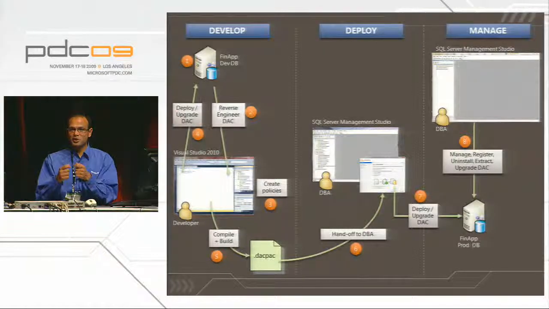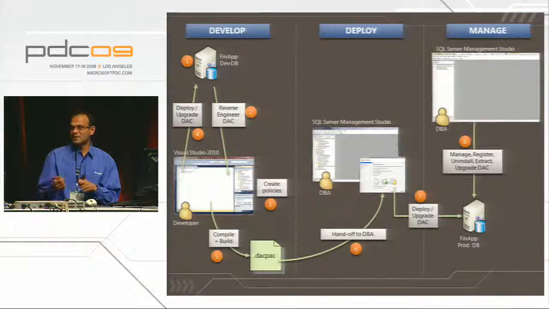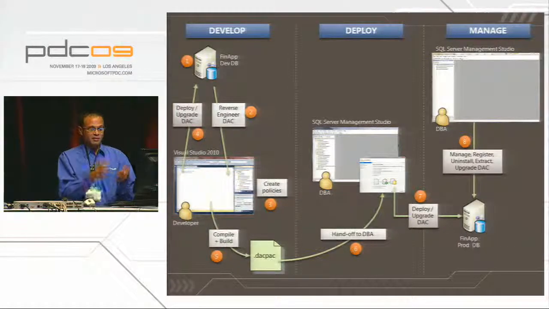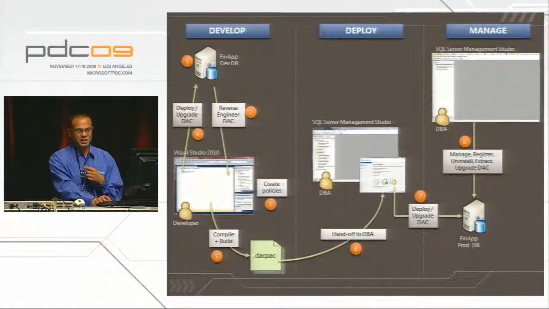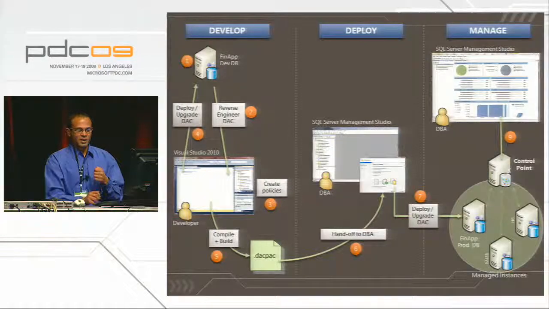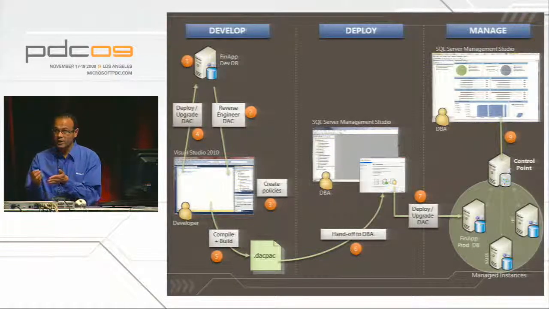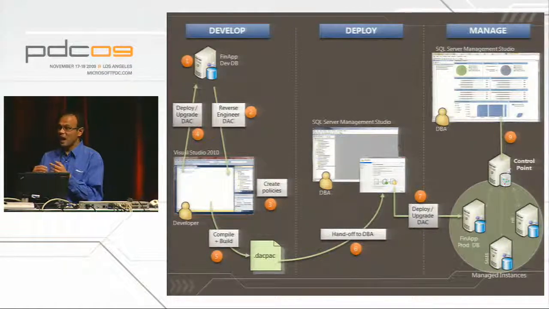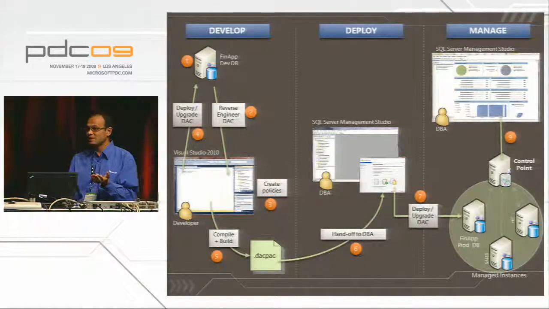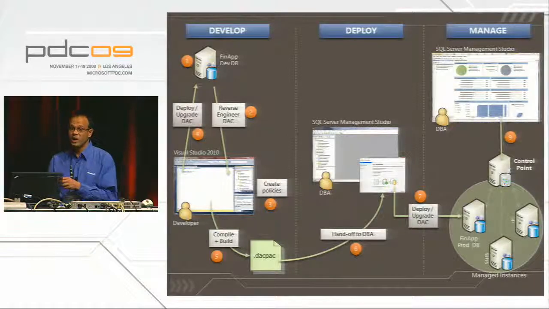And there is the notion of taking an instance and enrolling it as a managed instance with a control point. Now, if this production database happened to have been enrolled as a managed instance using the same SQL Server Management Studio, I can connect to the control point and look at the dashboard and see app level and instance level statistics of my deployed data tier application.